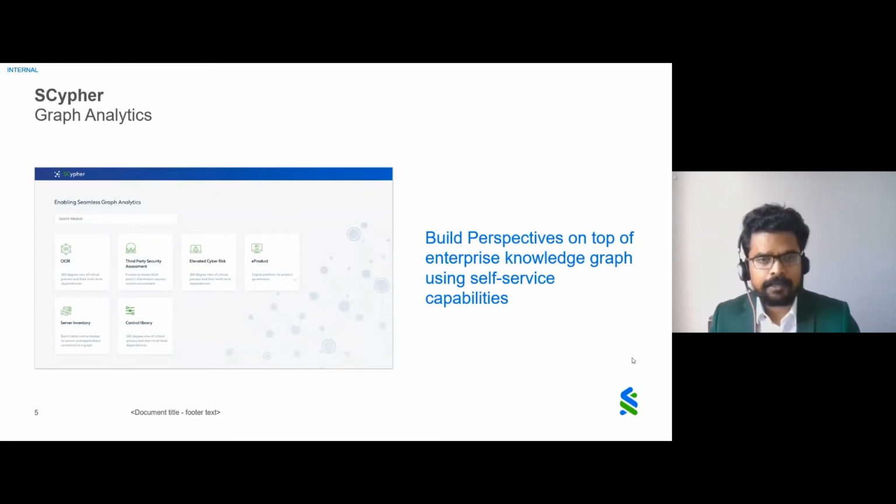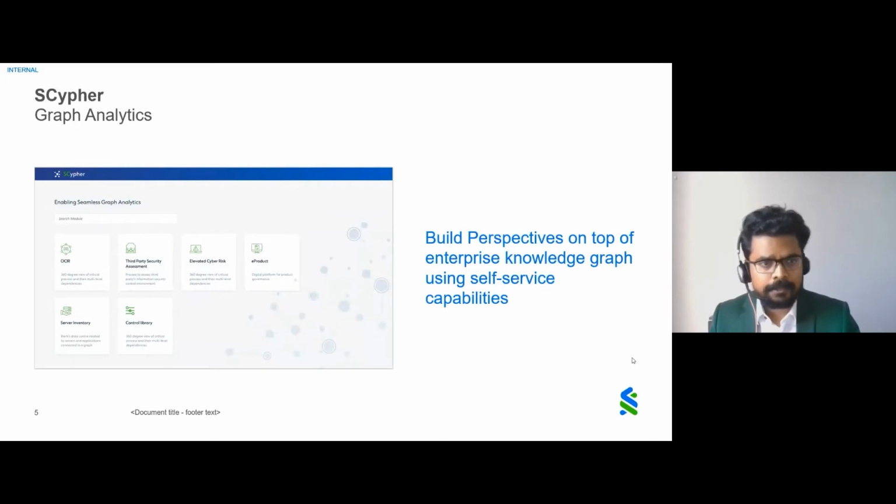Then they can define what has to be in semantic search and what has to be in insights, and they can build their own module within Cypher. The moment they build it, they can roll it out to their end users to support various graph analytics operations.